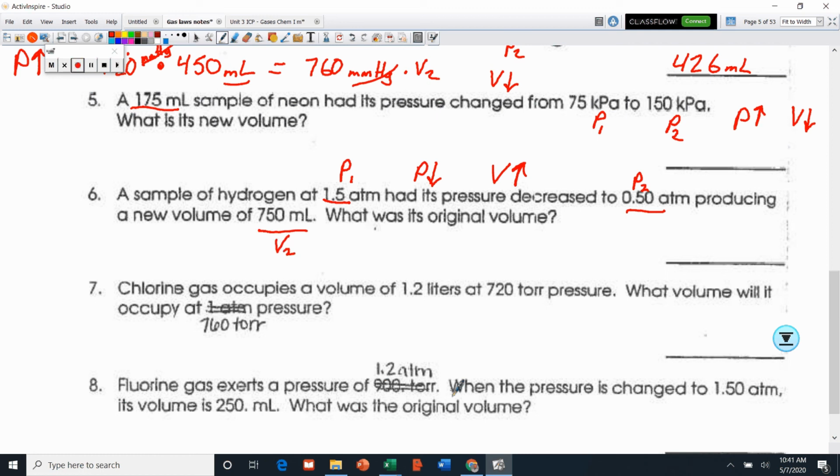We're solving for V1 in this one. If you read it, a sample of hydrogen at 1.5 atmospheres had its pressure decreased to 0.5 atmospheres, producing a new volume of 750. What was its original volume? So what is V1? Again, go through there and try to predict what's happening, solve them, things like that.